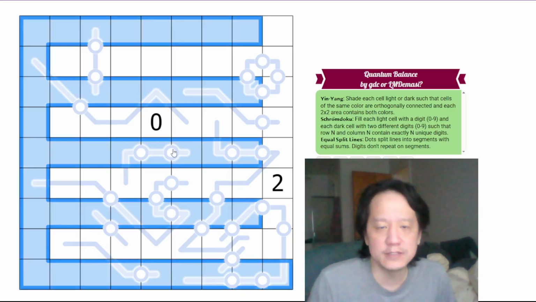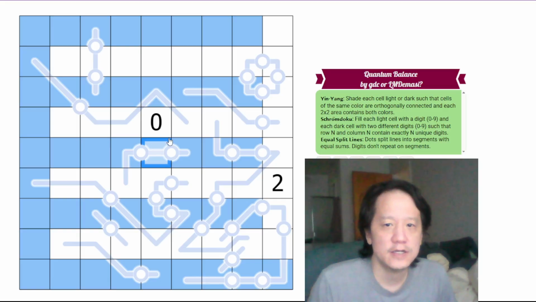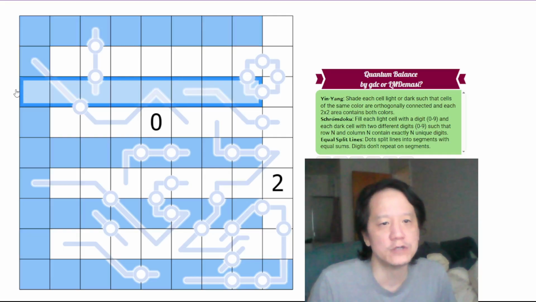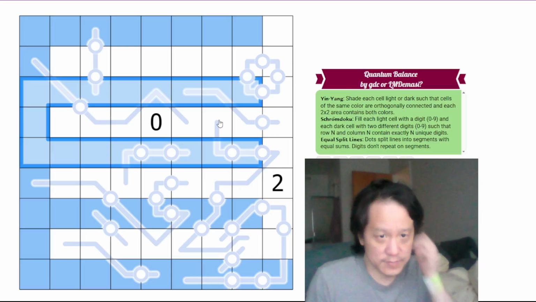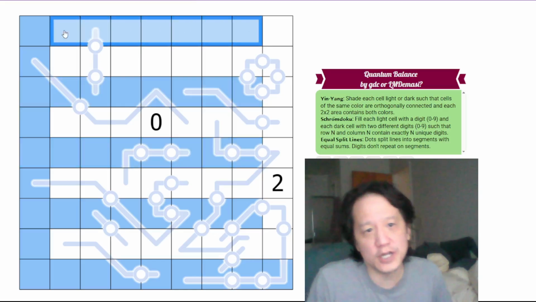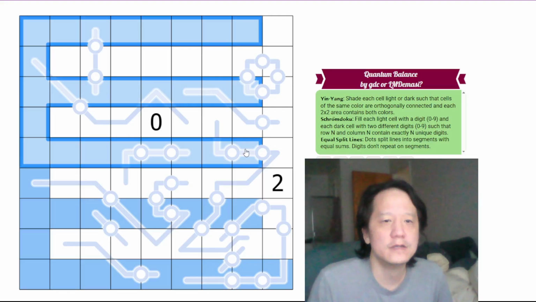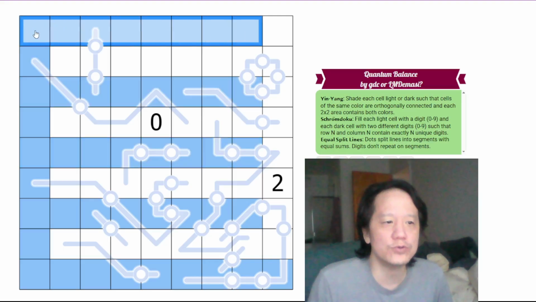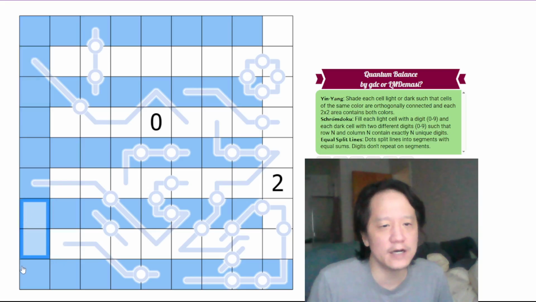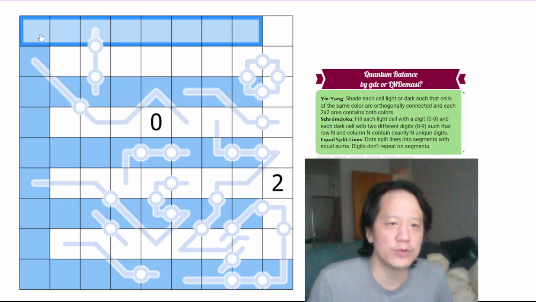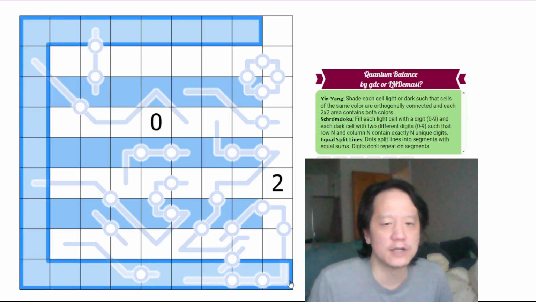And what it means to be orthogonally connected is that any cell from the shaded region has to be able to go to any other cell in the shaded region just by going through edges, all while staying within the region.